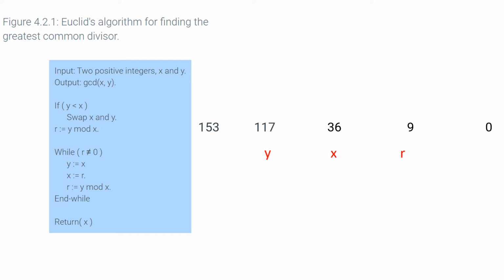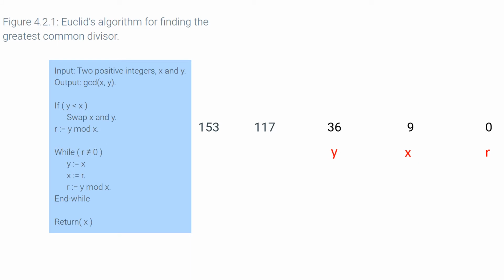Originally we had the y under 153, and now y has been moved over. So now y is 117, x is 36, and then we do the mod operation again, 117 mod 36, and that would be called r. And again, as long as r is not 0, it'll go and do that again. So this gets moved over again.